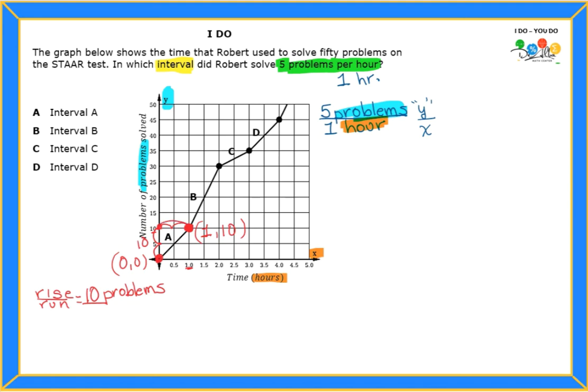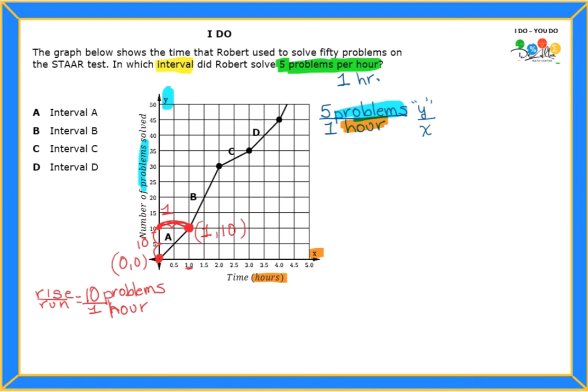So how much is this actually worth? It's 1 hour, because it's my X. So that's not what I'm looking for. I want 5 problems in 1 hour. So this one is actually 10 problems in 1 hour.